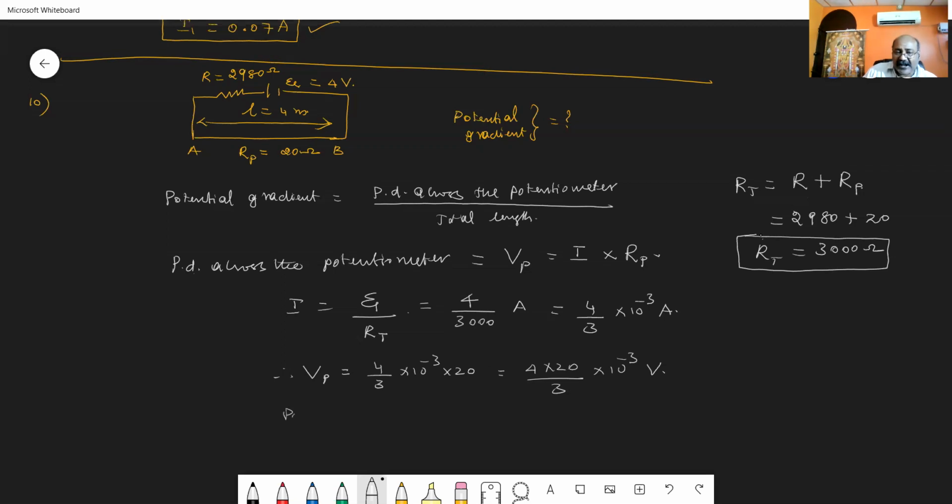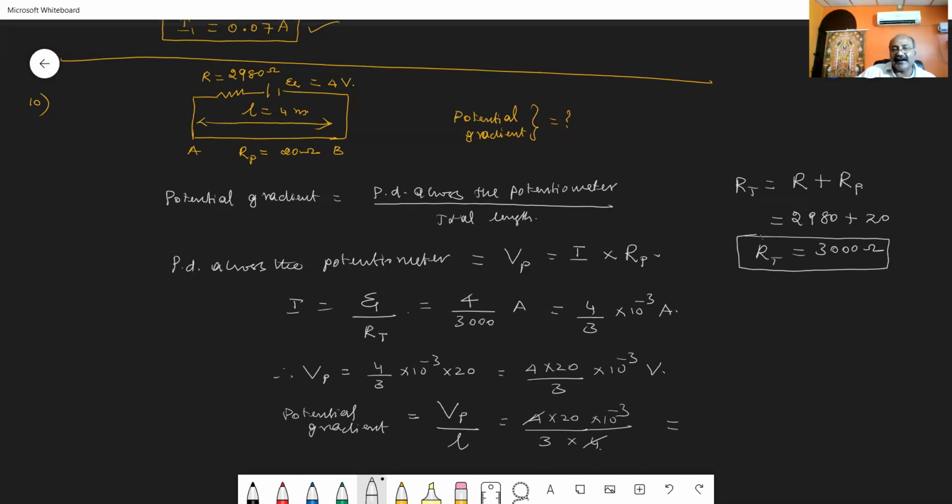Now, what is potential gradient? Finally, let me simplify. Potential gradient is equal to the potential difference across the potentiometer Vp divided by the length of the potentiometer. So 4 into 20 divided by 3 into 10 power minus 3, by length. Length is again 4. So on simplifying, this 4 and this 4 will get cancelled. So 20 divided by 3.